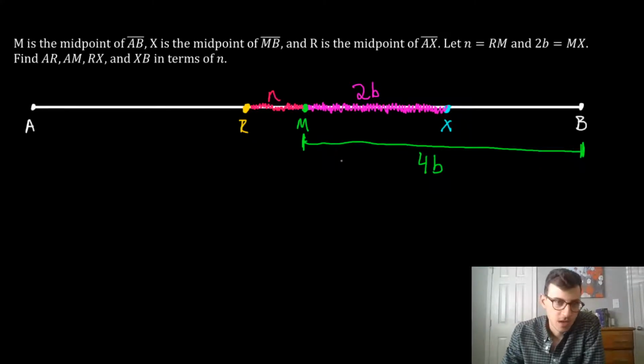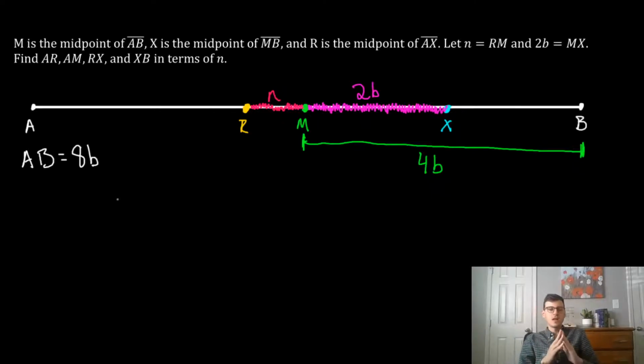And so then what would the value of AB be in terms of B? Hopefully you're thinking that AB is equal to 8B, right? 8 B's make up that entire AB.